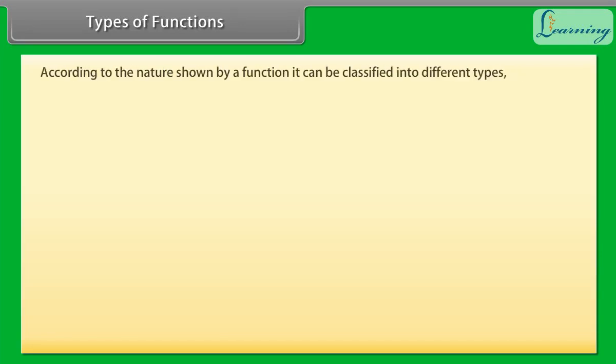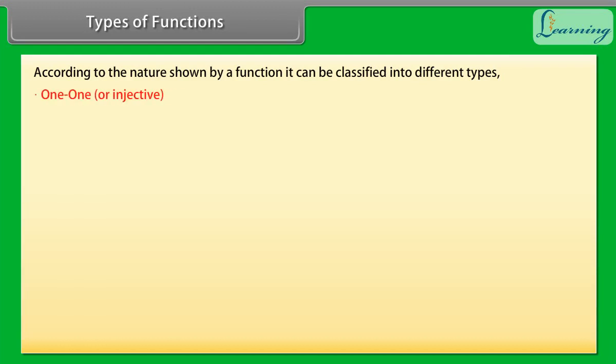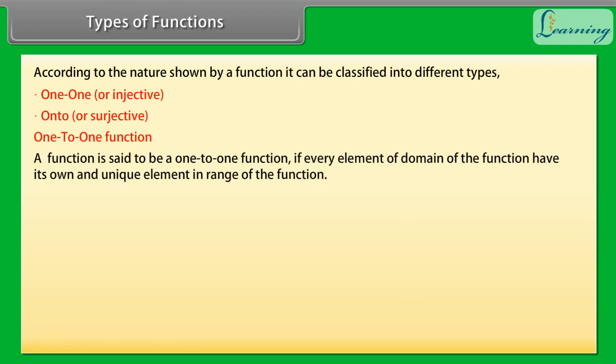Types of functions. According to the nature shown by a function, it can be classified into different types: 1-1 or injective, onto or surjective. 1-to-1 function. A function is said to be a 1-to-1 function if every element of the domain of the function has its own unique element in the range of the function.